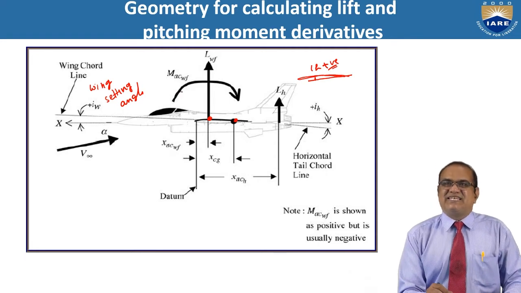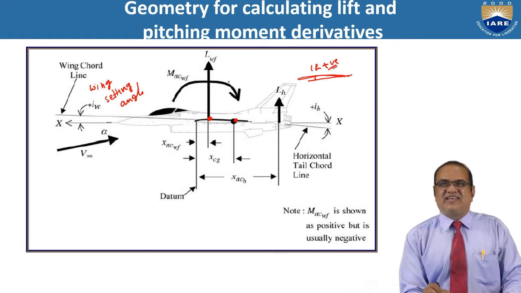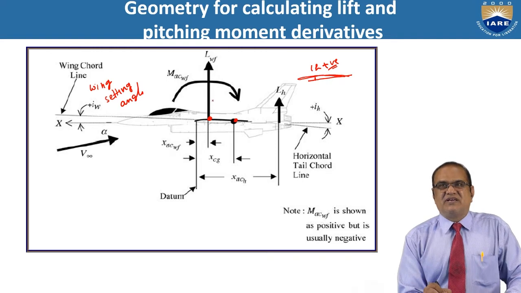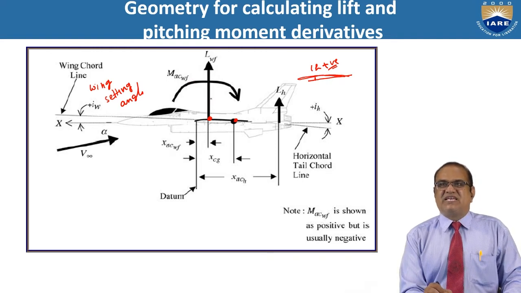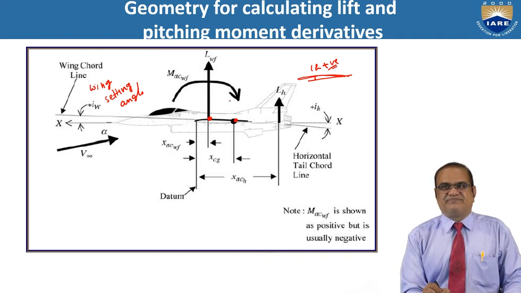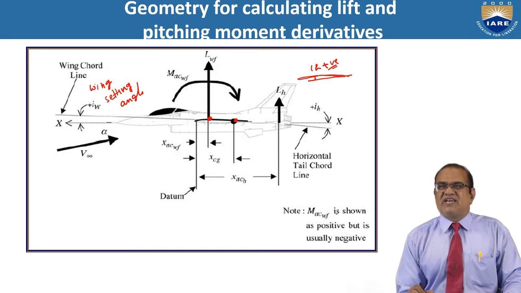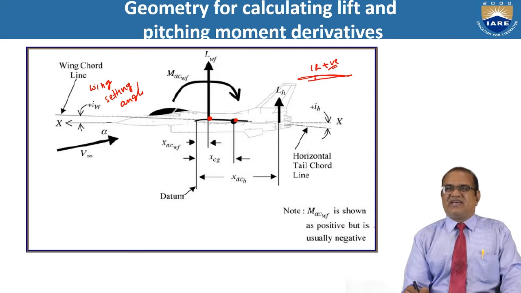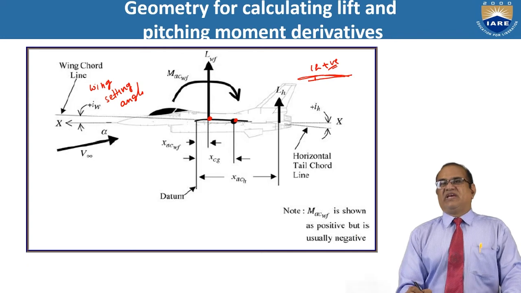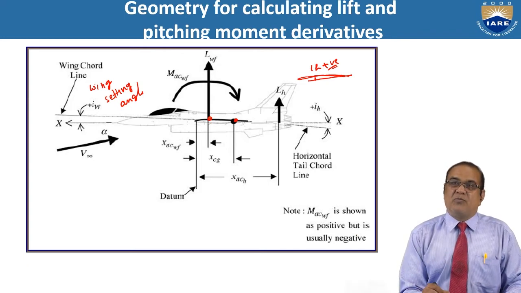And MAC, wing and fuselage, there is a moment of MAC, wing and fuselage. So here MAC wing is shown as positive, but it is usually negative. Here if you see, we have put this thing here, so it is showing positive.